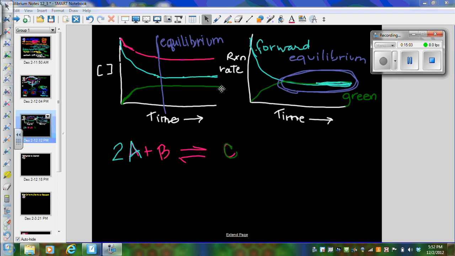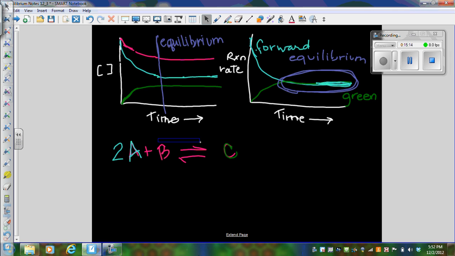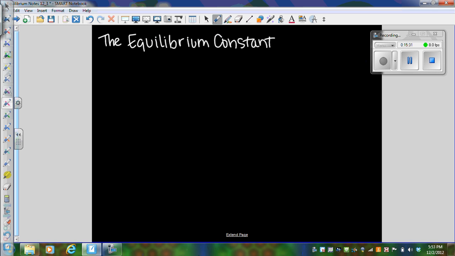It appears that the reaction has stopped, even though in reality, microscopically, it's still occurring, forward reaction and reverse reaction, but the rates are now equal. So now what we want to do is talk about the equilibrium constant itself.